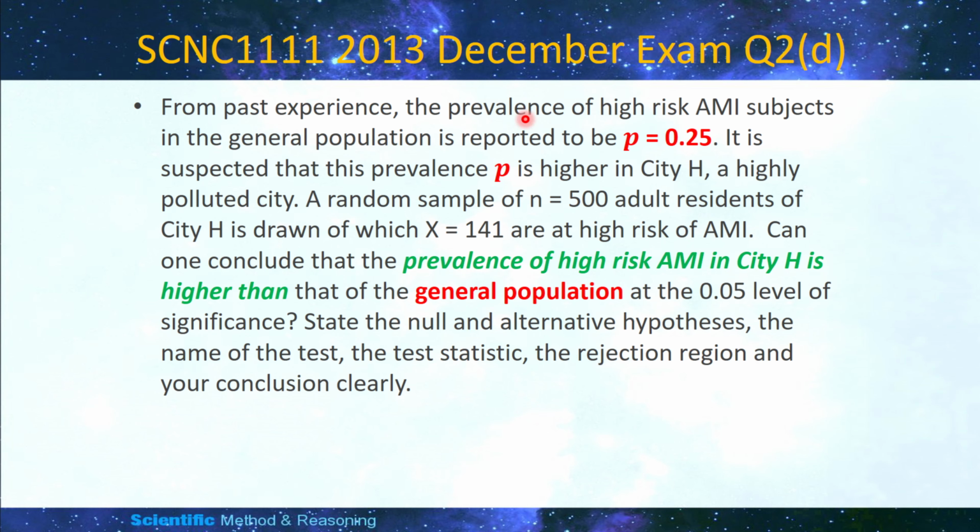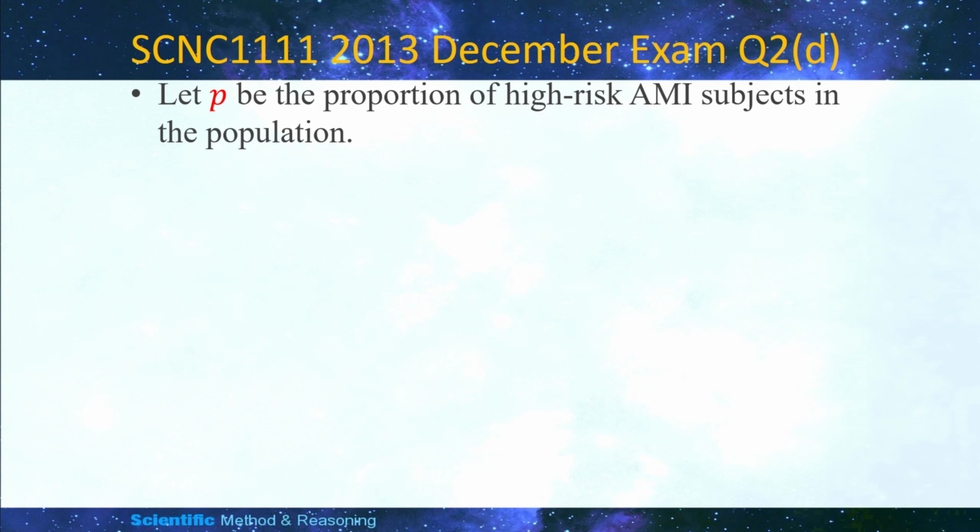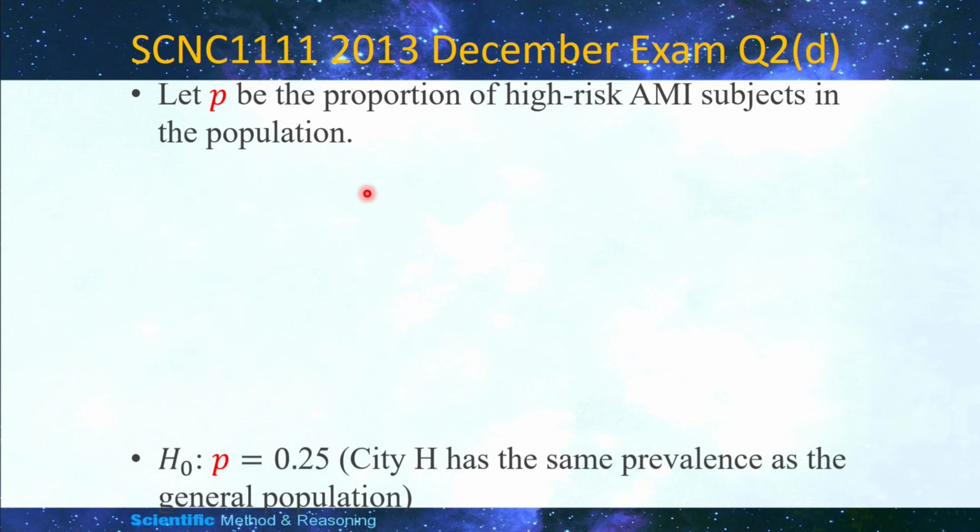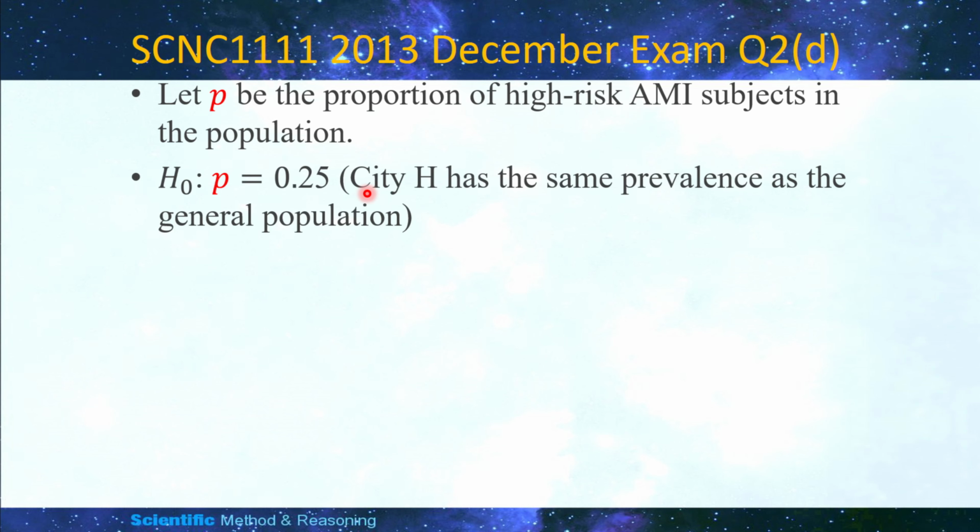Notice that we have to find the parameter of interest in this particular question, and it is obvious that the parameter of interest is the population proportion, the prevalence of high-risk AMI subjects in the population in city H. If you remember, the traditional belief is put as the null hypothesis, and the traditional belief is that for the general public, the proportion of high-risk AMI subjects is 0.25.